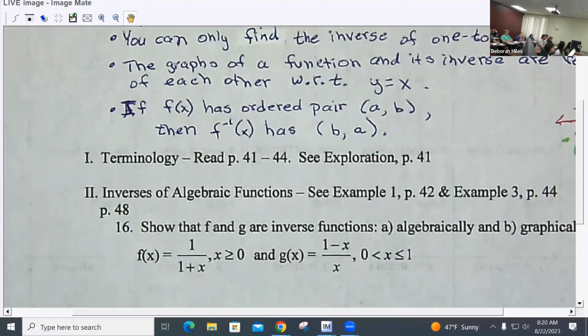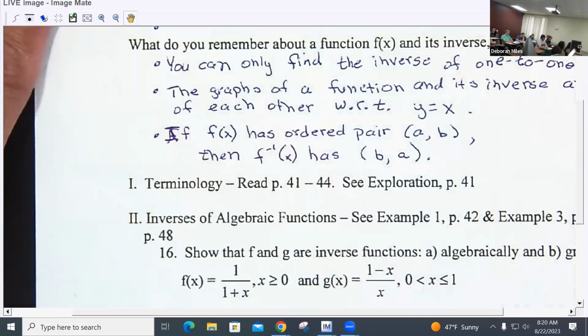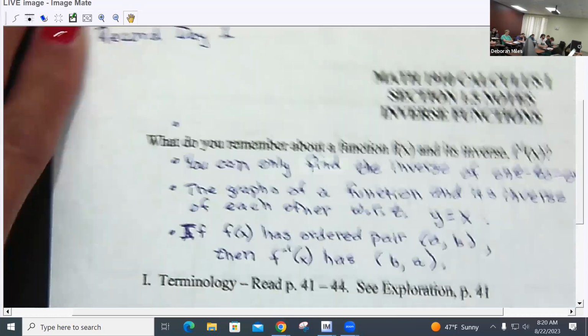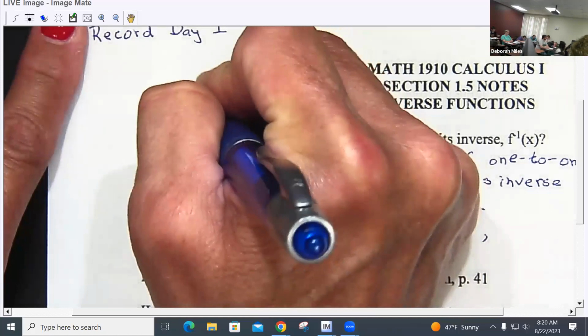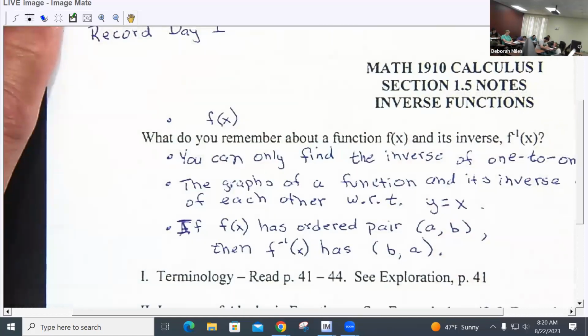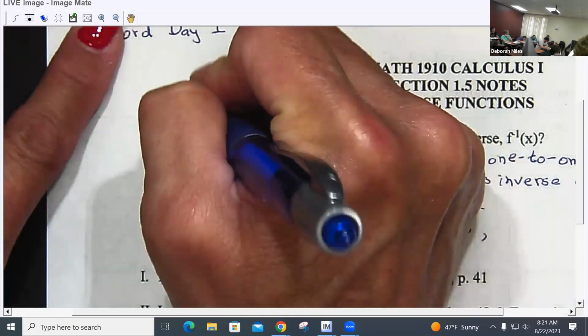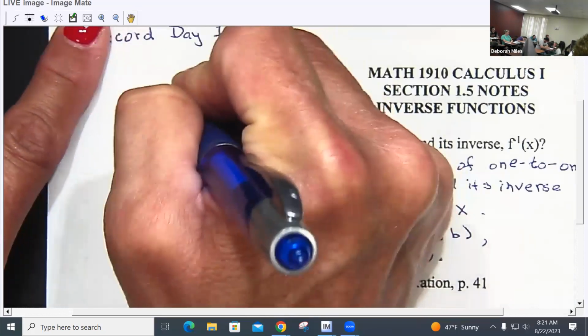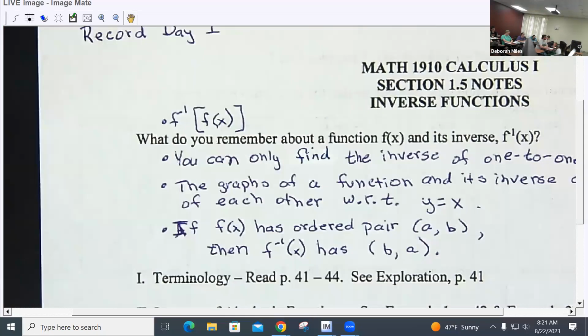And you know, oh, I thought of one other note. If I have enough room, I'm going to put one more dot up here. One more thing we know about inverse functions is if we put f of x into the inverse function, that's our notation for a composite function, isn't it?